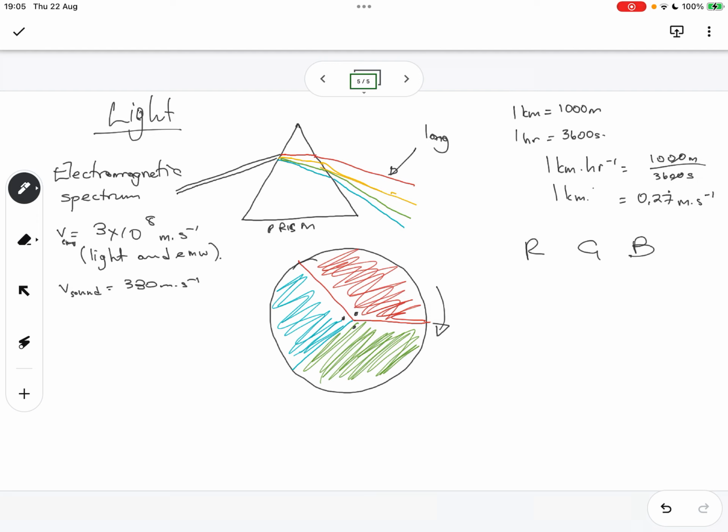So that's 1 kilometer per hour. That means if we want to convert meters per second to kilometers per hour, we multiply by 3.6.